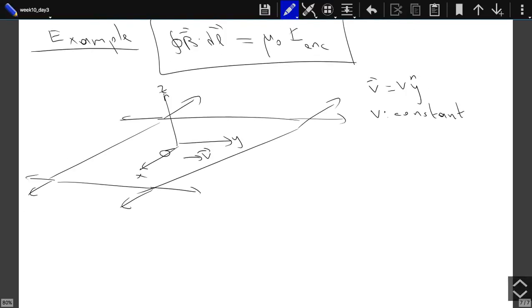Okay, first of all, if we want to use Ampere's law, we have to identify some properties of the magnetic field. In general, it will depend on the x, y, and z axis everywhere. Let's look at the magnitude of B. If I translate my system along the x, does my system change?